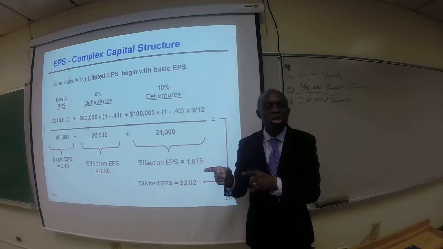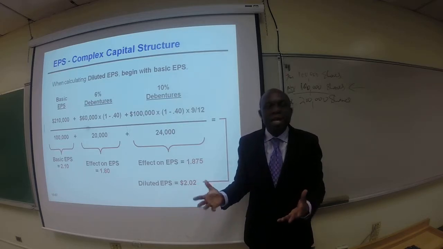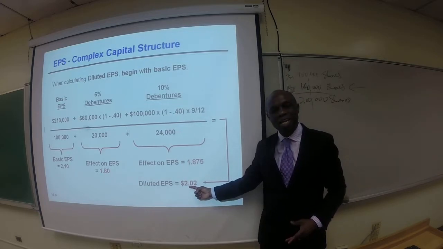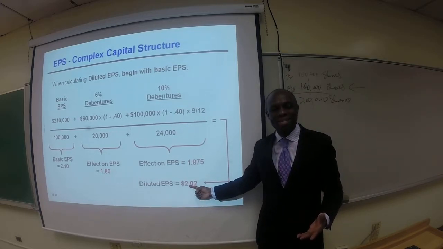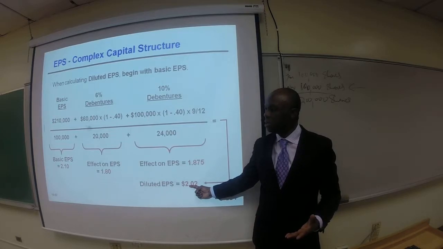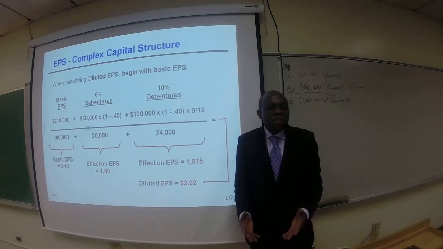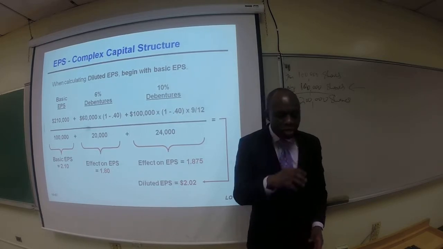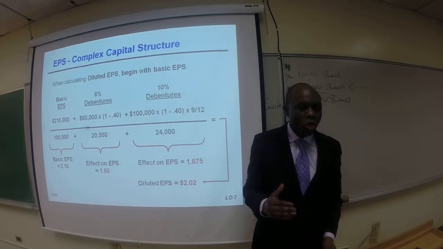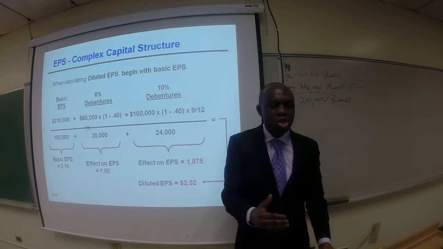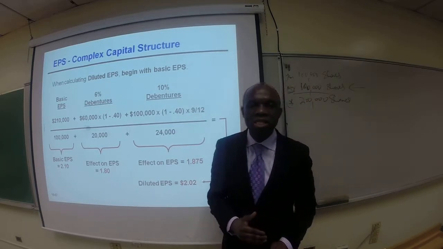If those securities are converted, what will EPS be? EPS will be $2.02, which is not as impressive as the basic EPS. We just want the potential investor to be aware of the potential impact of the dilutive securities in existence for these companies.